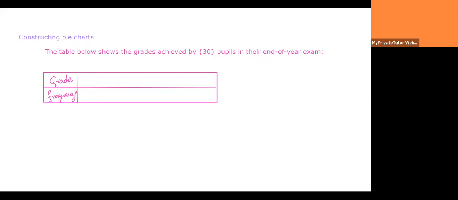We can say the grades are A, B, C, D, maybe E as well. And the frequencies, let's say 7, 11, 6, 4, and 2. Okay, so now how do you create the pie chart for this?